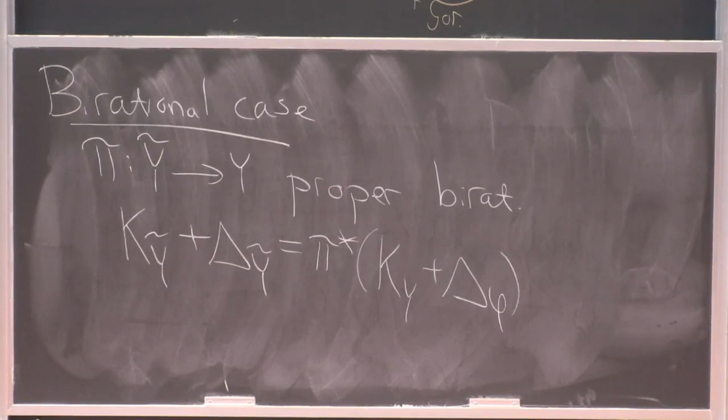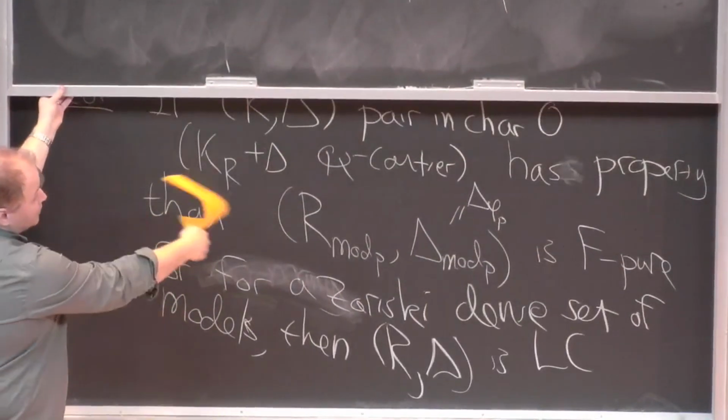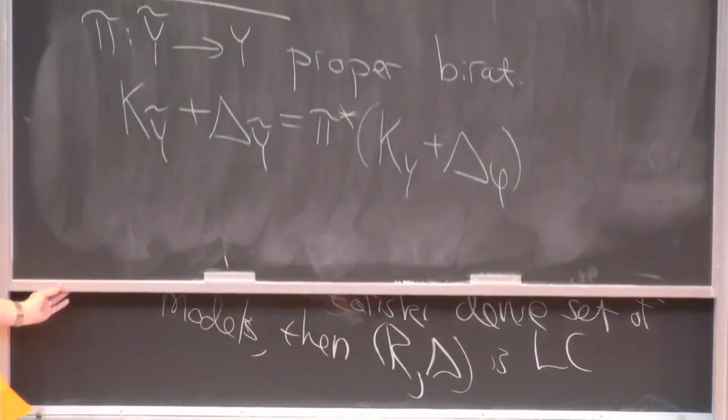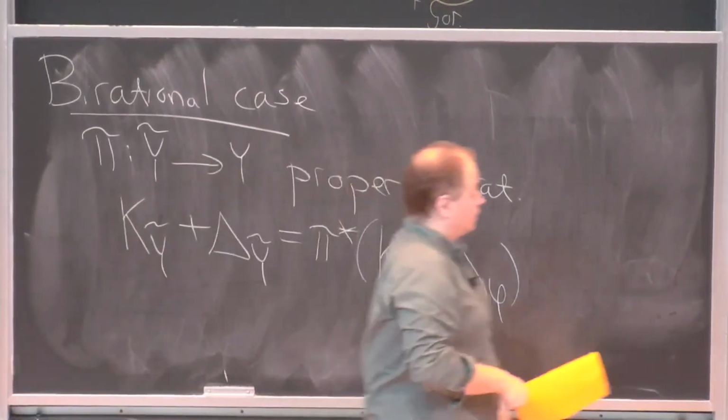Likewise, again, if I take something in characteristic 0, and I reduce it to characteristic p, and if I'm F injective a bunch of times, then I'm actually Dubois in characteristic 0 as well. But again, the converse is hard and it's open. Okay.